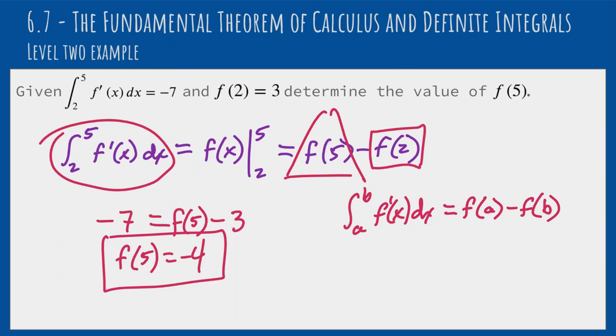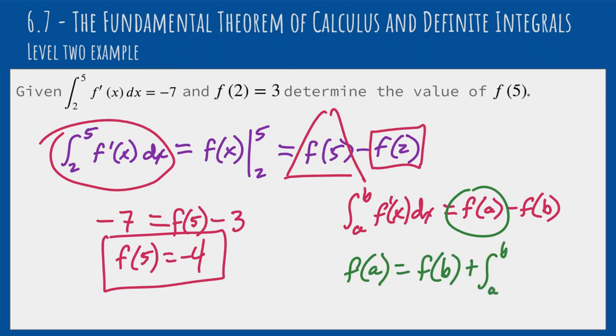So if I want to know the value of a function at some point, so I want to know what f of a is for some value of a, if I add f of b to both sides, it's going to be the value of the function at another point plus the integral from a to b of its derivative.